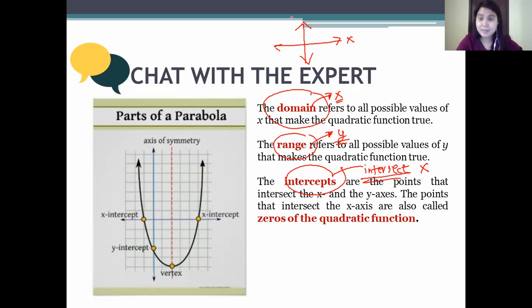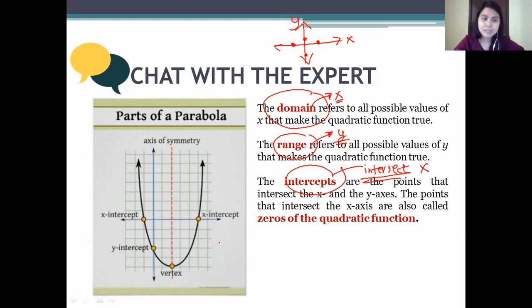If we say x intercepts, then what points in the x axis does your graph intersect? So the x intercepts are found in the x axis. If we say y intercepts, what points in your y axis did the graph intersect?